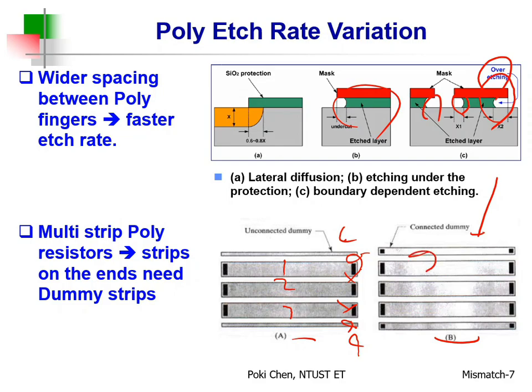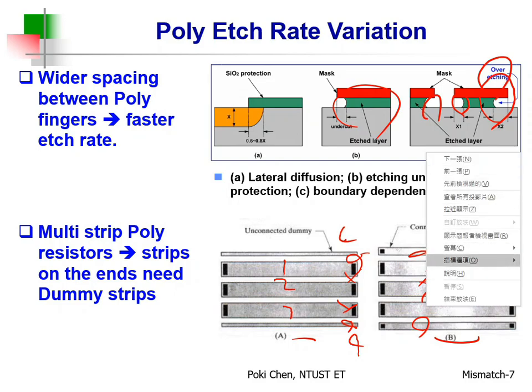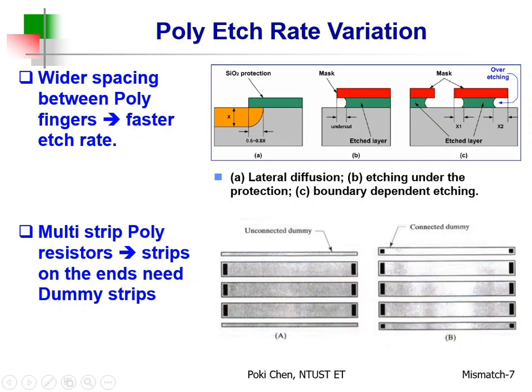The same spacing here and there. Very good. But you can see the difference to the left and to the right. Anybody tell me? Anybody would like to tell me which one is better, A or B? According to resistors, A or B is better, or they are the same.